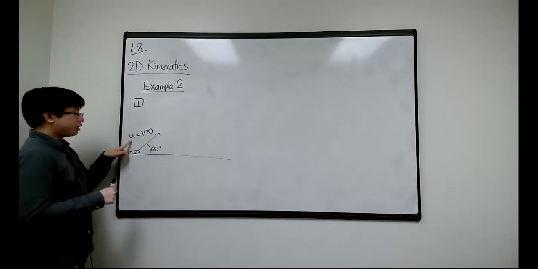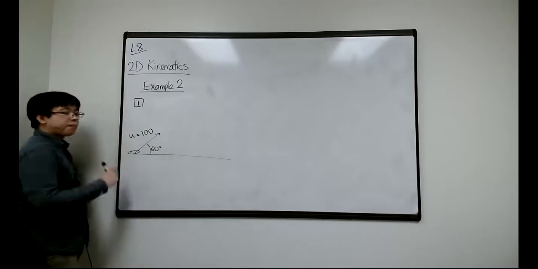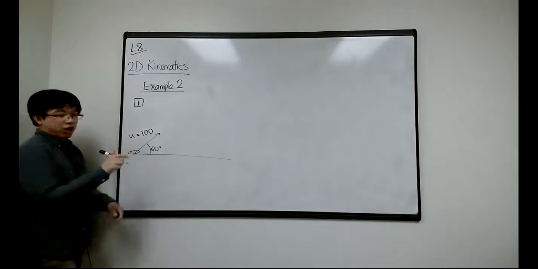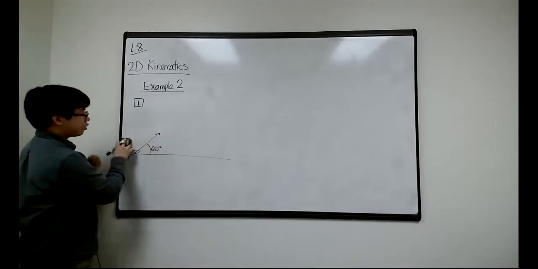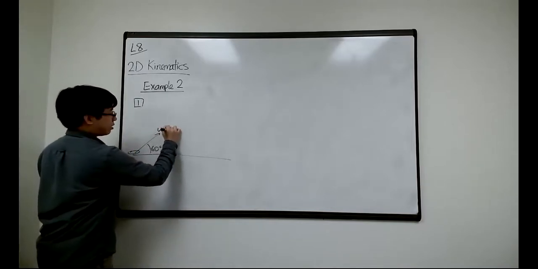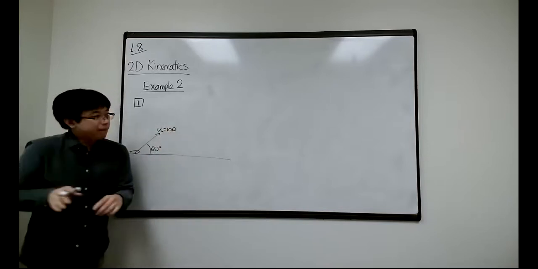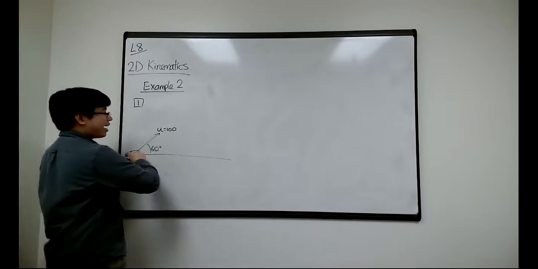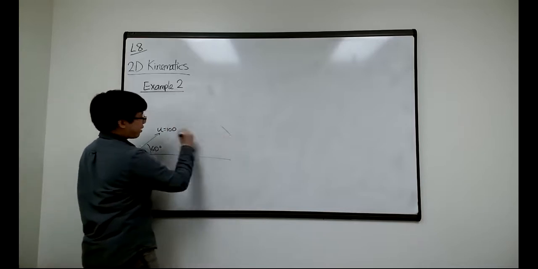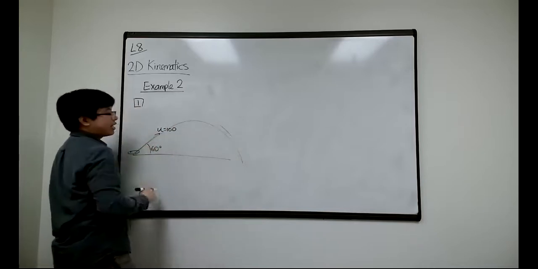I know the initial speed is that. Notice I did not put a vector this time because I'm talking about the magnitude of this. So let me put it here just because I know what I want to draw in a moment. And then it's going to follow this sort of general path like this, right?